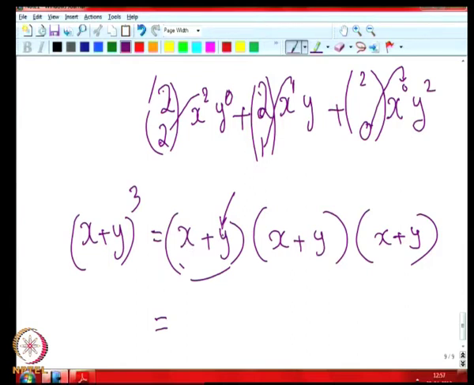So here I take y, here also I take y, and here also I take y. That will make x raised to 0, because I am not taking x anywhere. So that is x raised to 0 into y cube. Now the question is, if I start expanding like this, will this term repeat again? We can see that it will not repeat, because this y has come from here, this y from here, and this y from here.